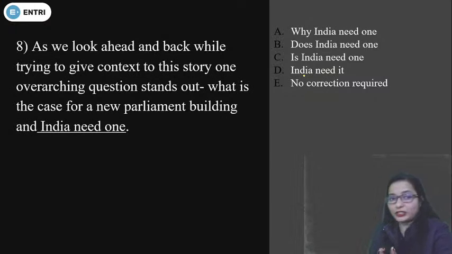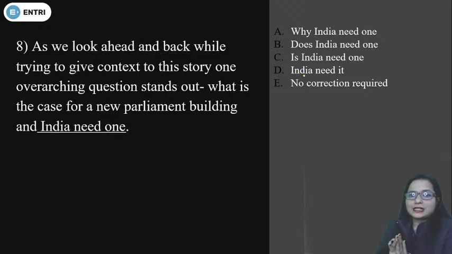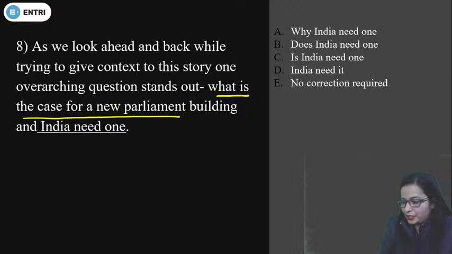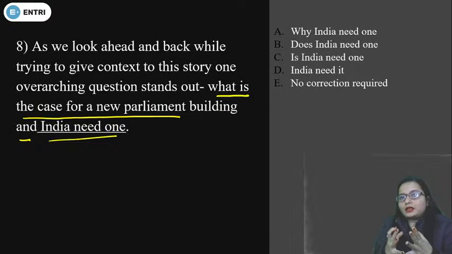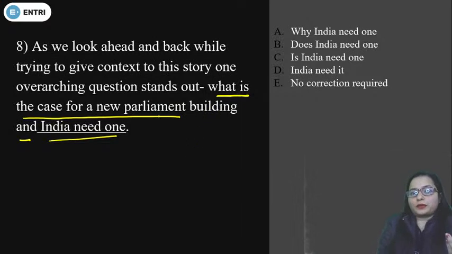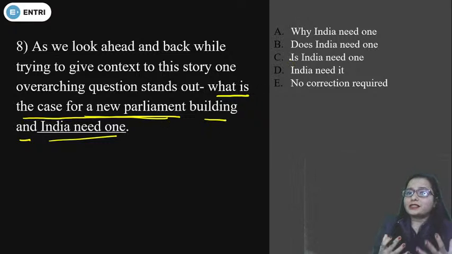What would you choose for the replacement? See, what is the case for a new parliament building and India need one? Actually, it should be similar to the previous statement. It is asking for something. What is the case for a new parliament building and why does it need it?